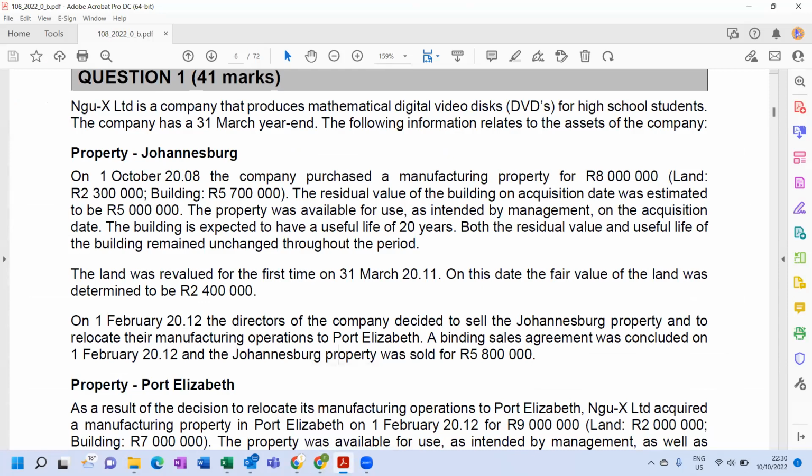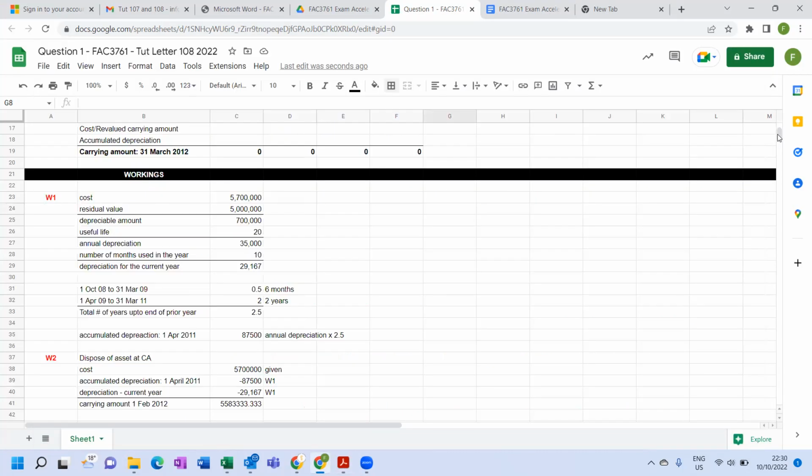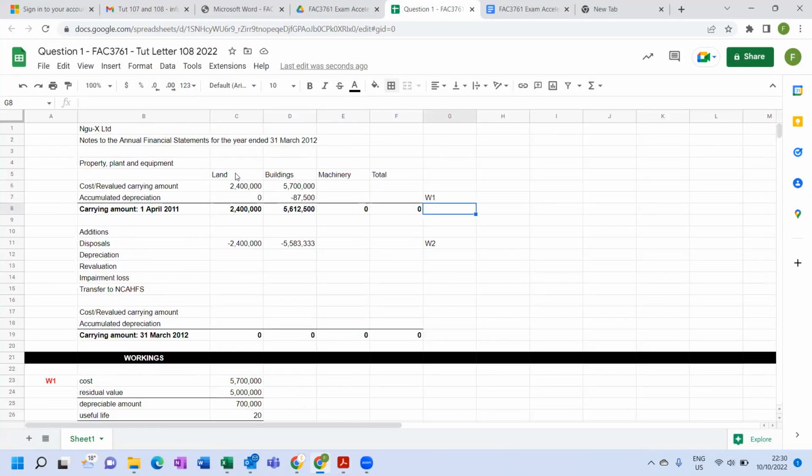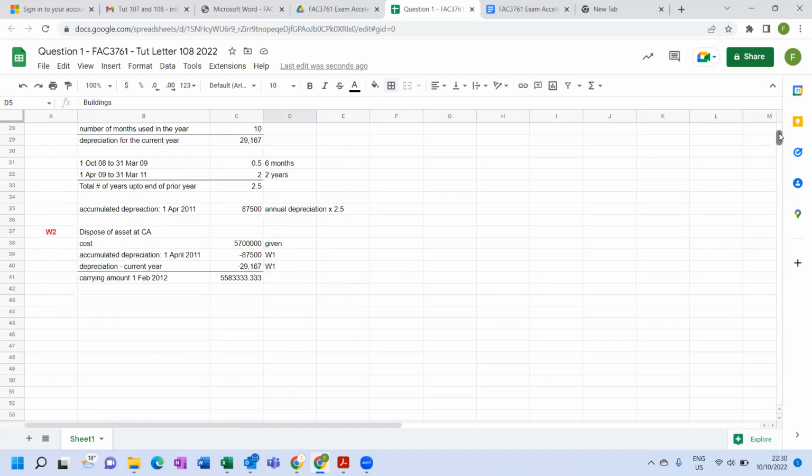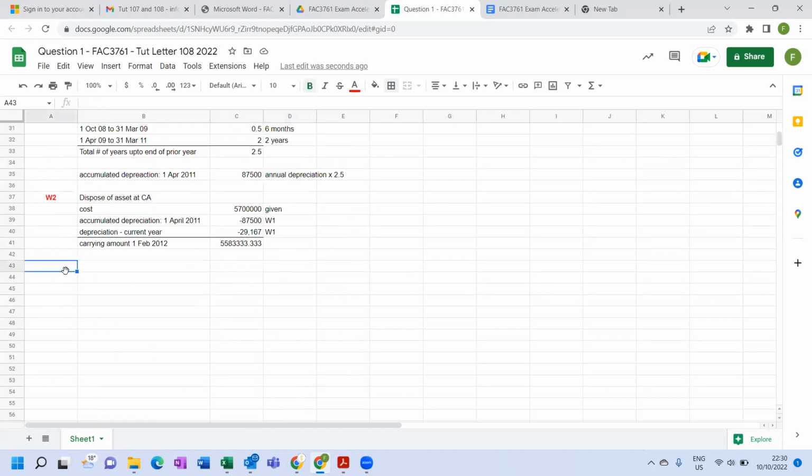Okay, when you have more than one asset for the same class, a class is land, a class is buildings, a class is machinery. Now under land, we have two lands, one from Joburg, one from Port Elizabeth. For buildings, we have two buildings, one from Port Elizabeth, one from Joburg. So for depreciation, I'll do it like this.